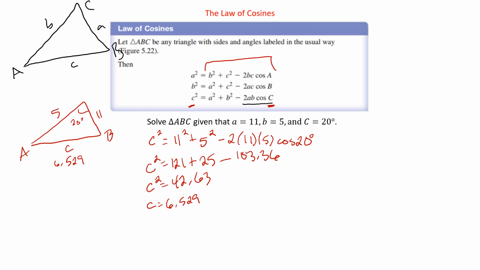Side A is the largest side of this triangle, which means angle A will be the largest angle of this triangle. It's possible it could be greater than 90. It could be obtuse. We'd end up with an ambiguous case that we would have to deal with and then cancel out one of the 2 possibilities.